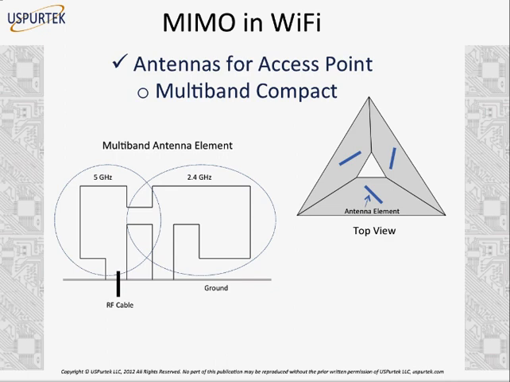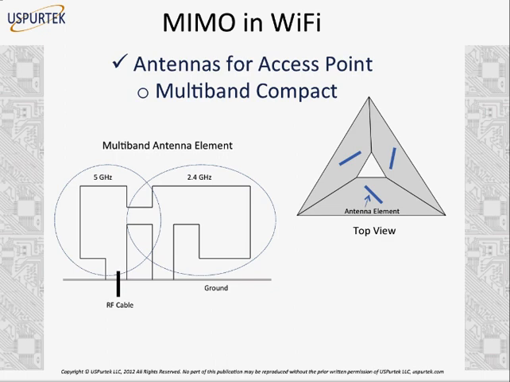Here you see a multi-band compact antenna design. Each element has an inverted F shape and has two parts. The left part is the 5 gigahertz antenna element and the right part is for 2.4 gigahertz. From the top view, you see there are 3 such slanted antenna elements spaced at 120 degrees apart to provide satisfactory omnidirectional and multi-band coverage.